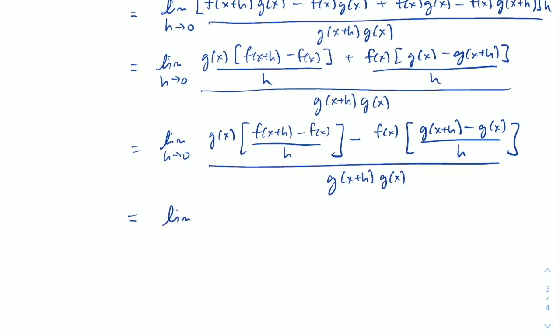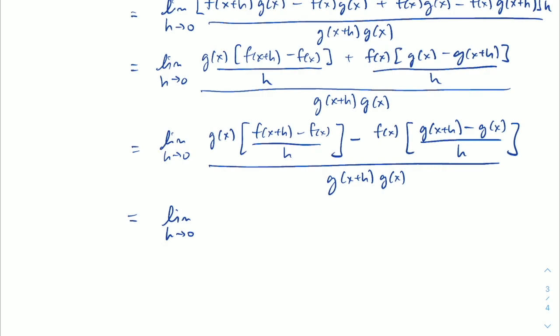We're going to apply limit laws to all of these terms. So the limit of a quotient is a quotient of the limits, and a limit of a product is a product of limits.